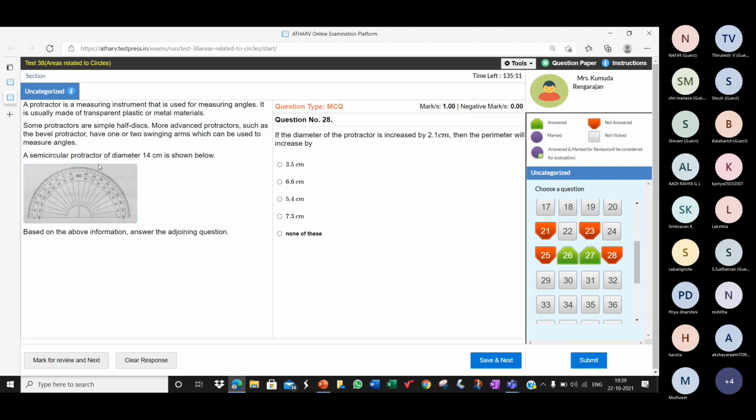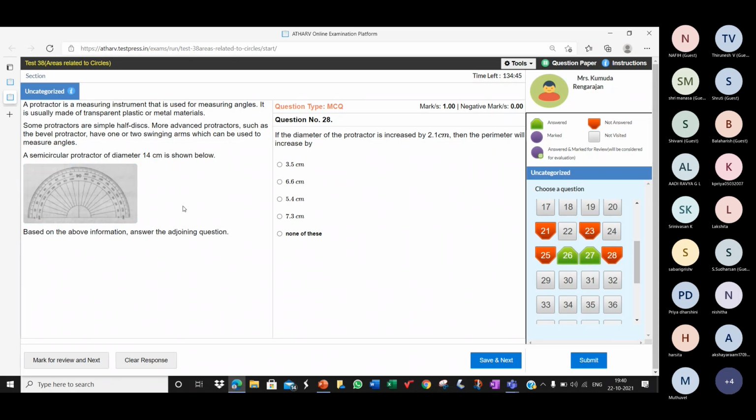We already have the original perimeter of the protractor. The new perimeter will be again the length of this arc, pi r, plus the diameter. So use the new radius and the new diameter and find the new perimeter.